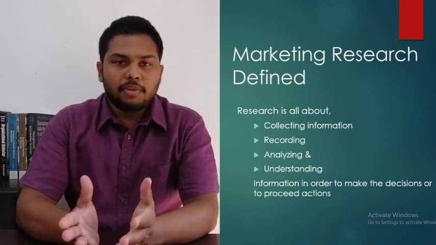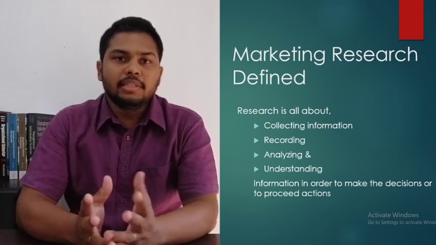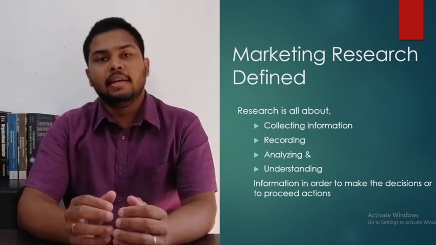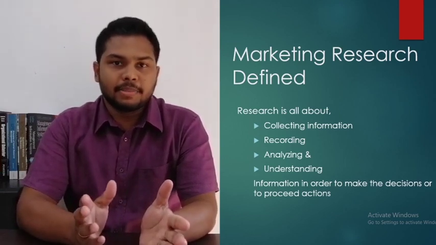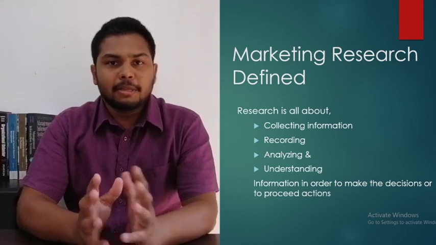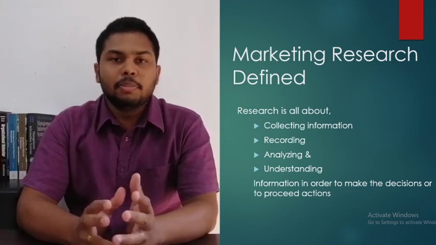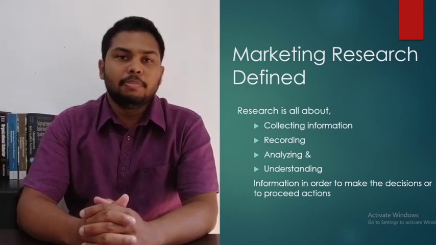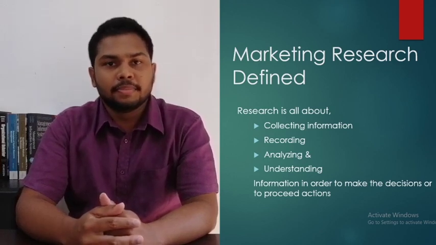It can be for marketing, for HR, or for finance, but anyway, what you need is information. Marketing is a special discipline, and you may need some information on markets to implement your marketing plans and marketing programs. For them, you actually need marketing research.